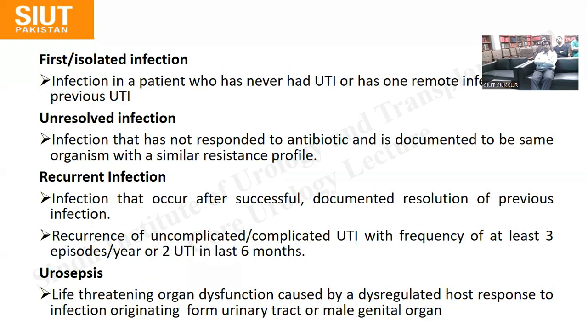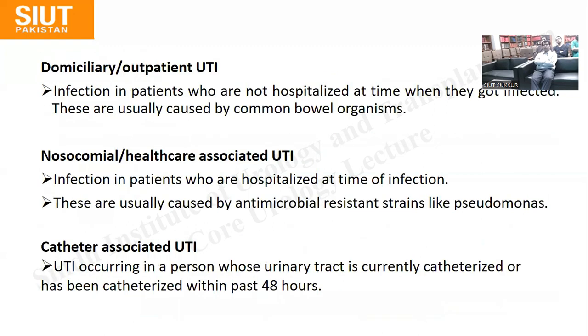Now, urosepsis, like any other sepsis, is a life-threatening organ dysfunction caused by dysregulated host response to infection, in this case, originating from the urinary tract or male genital organs. Now, domiciliary or outpatient UTI is infection in a patient who is not hospitalized at the time they got infection.